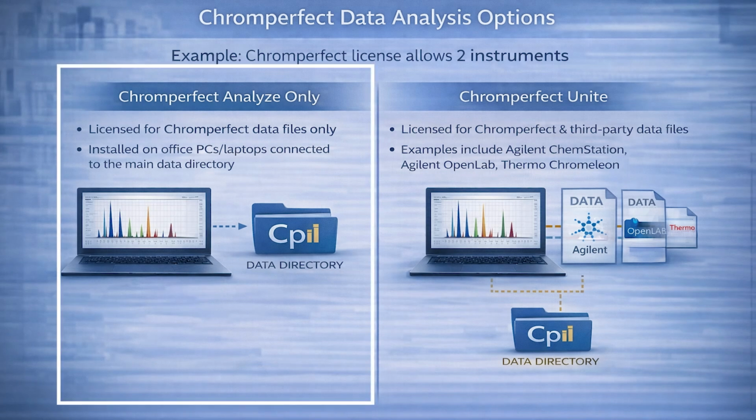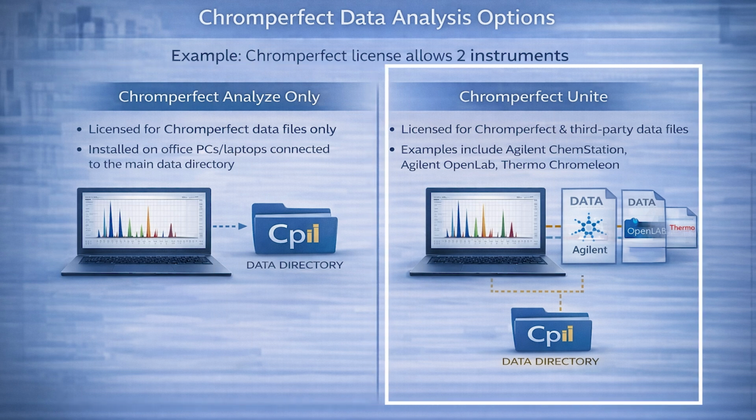This option is used when working exclusively with Chromperfect data files and normally purchased by customers who require additional processing capability outside of the busy chromatography lab environment. Analyze Only licenses are commonly installed on office PCs or laptops, with a network connection to the main data directory on the network.